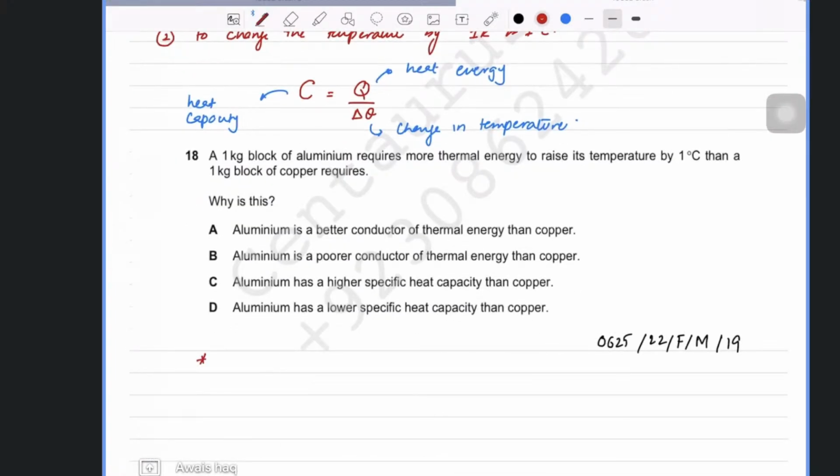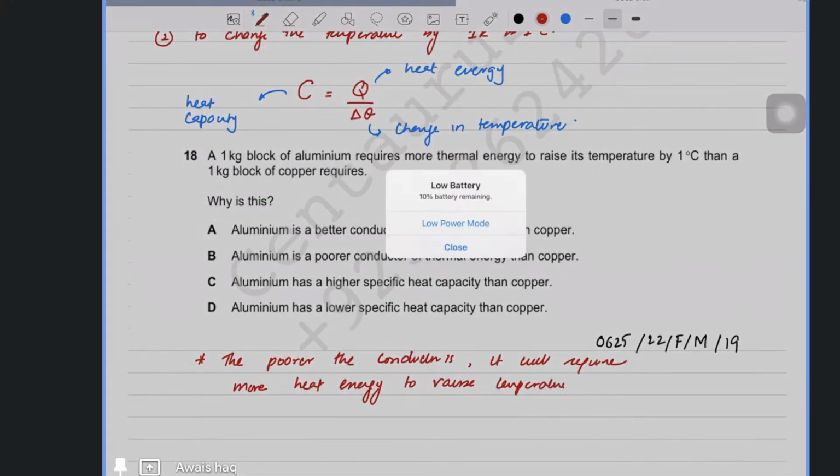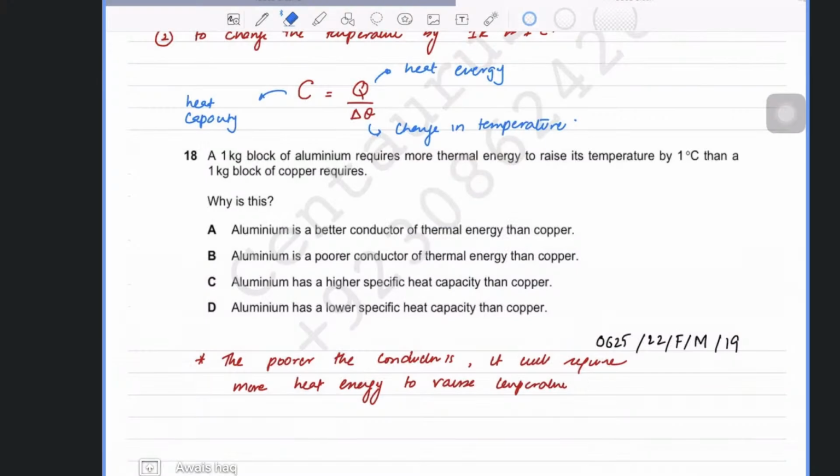The poorer the conductor is, the more heat energy it will require to raise the temperature to the same value compared to a good conductor.